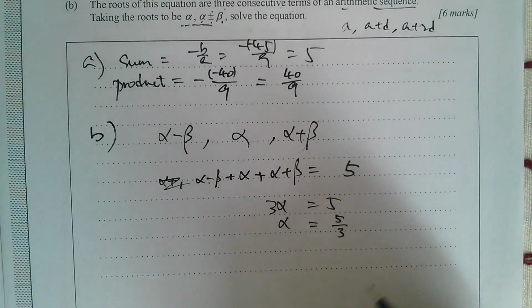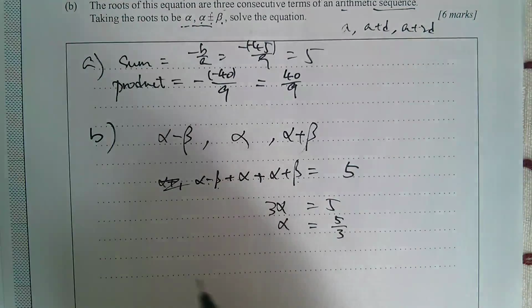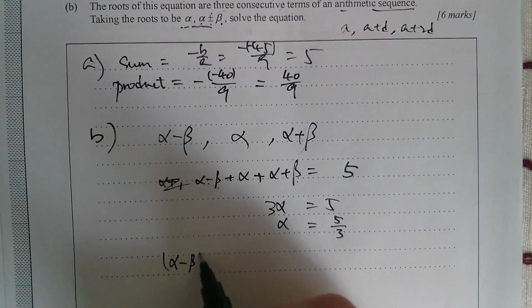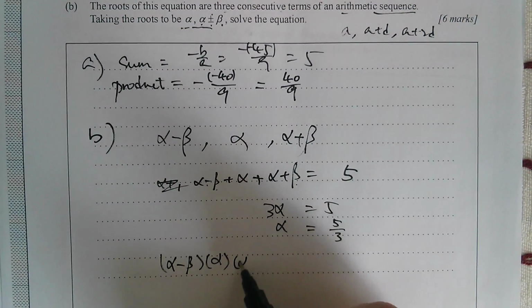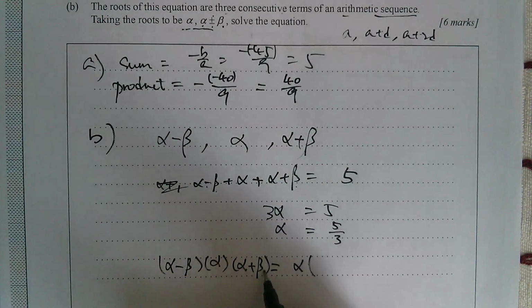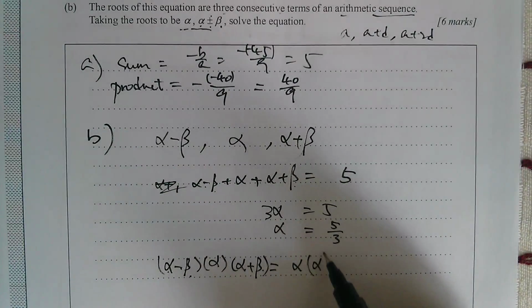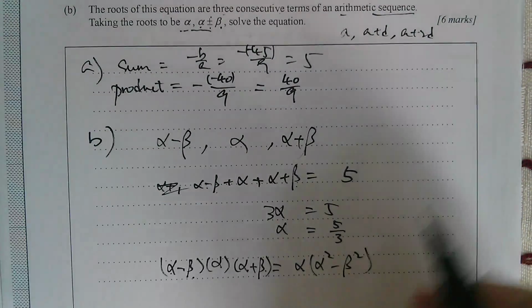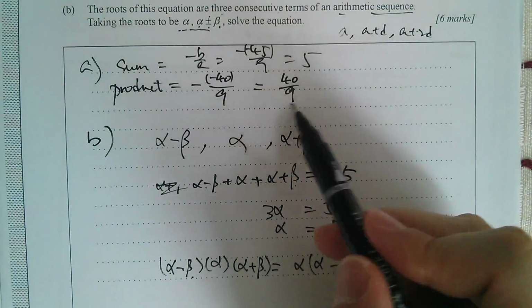Alright, what's next? We need the product of roots. So the product is we multiply them together. Alpha plus beta times alpha minus beta is alpha squared minus beta squared. So this is supposed to be 40 over 9.